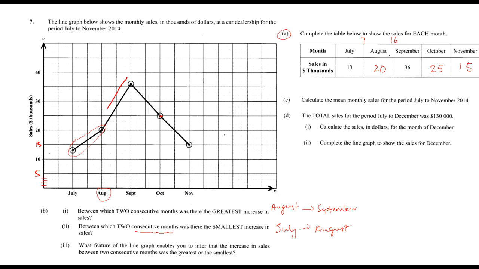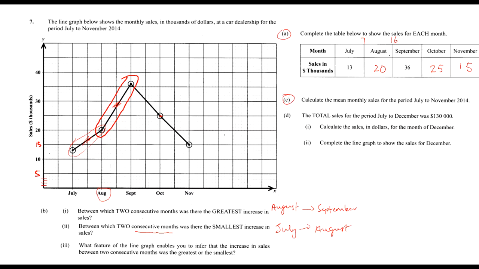If we look at between August and September, we have another slope. But this line is actually steeper than this line. So therefore, just by looking at the graph, we can tell that the greater increase is between August and September. Alright, so what feature of the line graph? They are talking about the gradient, right?